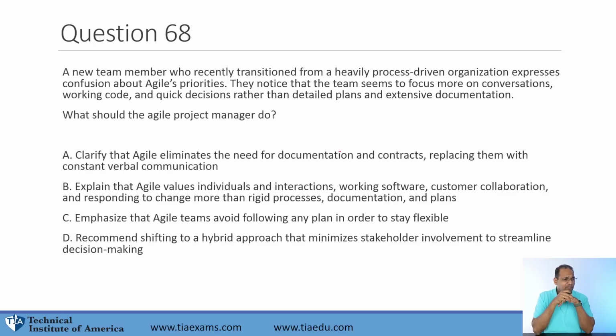Explain that Agile values individuals and interactions, working software, customer collaboration, and responding to change more than rigid processes and documentation. Emphasize that Agile teams avoid following any plan in order to stay flexible. Recommend shifting to a hybrid approach that minimizes stakeholder involvement to streamline decision making.